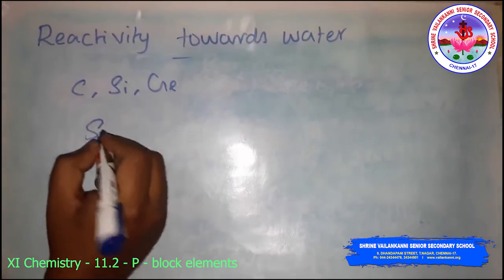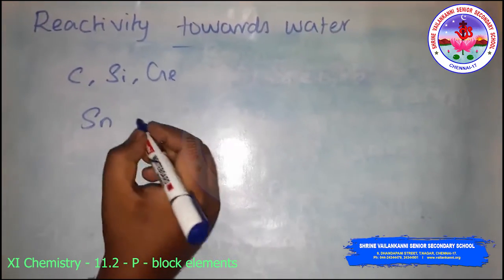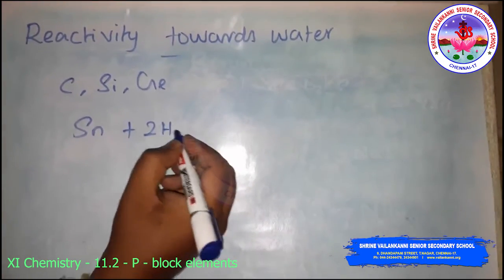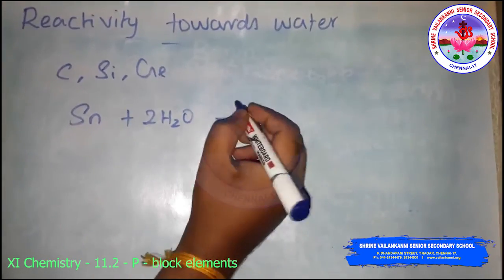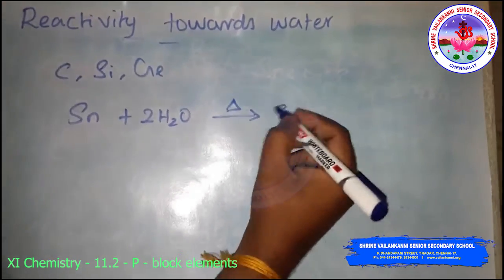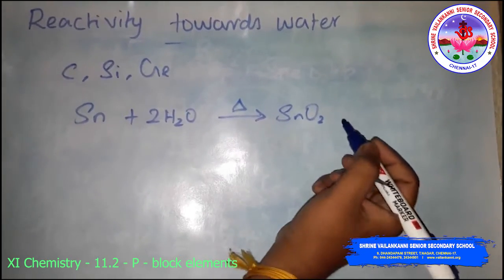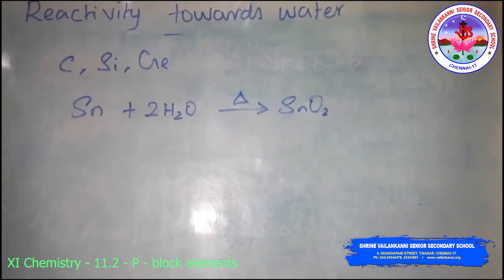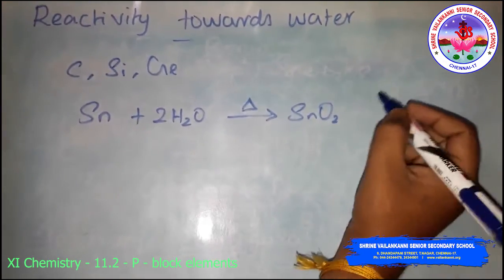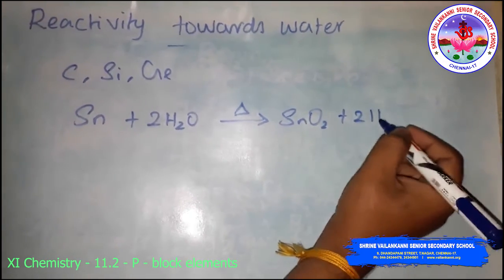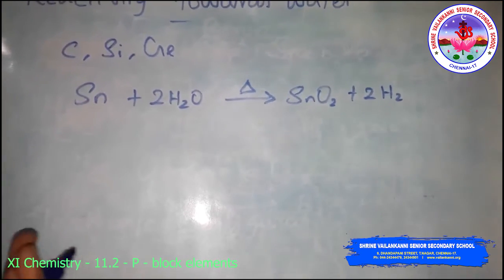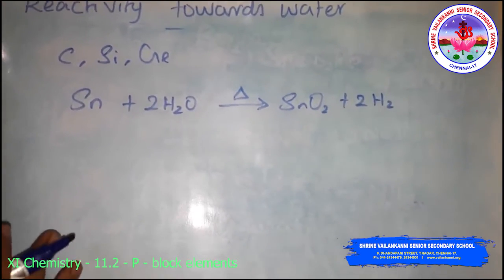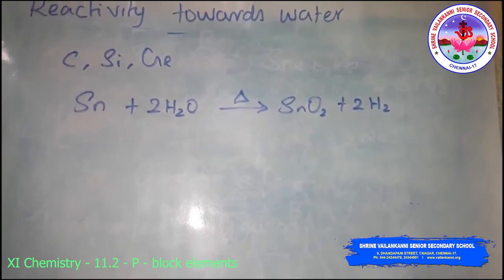For example, tin reacts with water: on heating it gives tin dioxide and dihydrogen. Lead is unaffected by water, probably because of the protective oxide film formation.